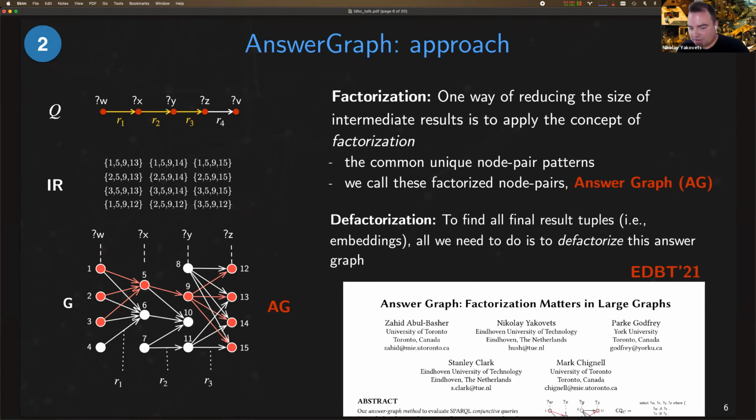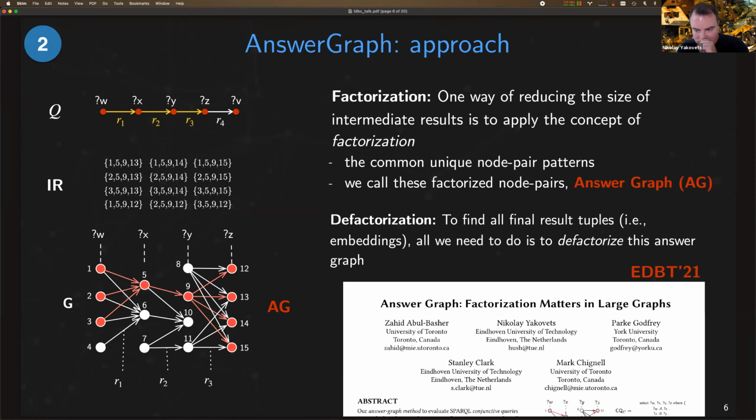During the evaluation, we keep an auxiliary data structure, called an answer graph, which factorizes intermediate results. This way, we essentially pre-filter the underlying graph before obtaining the final embeddings, so we can escape some of those trillion-size intermediate results during the evaluation.